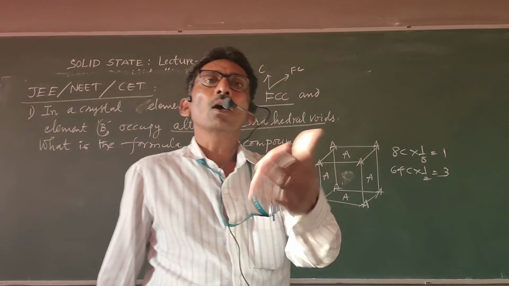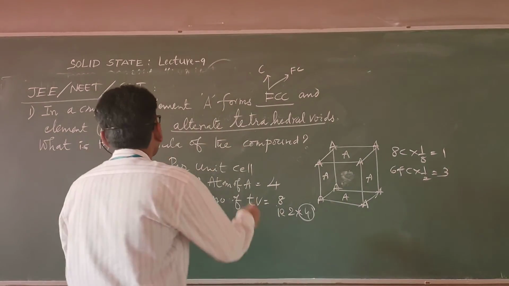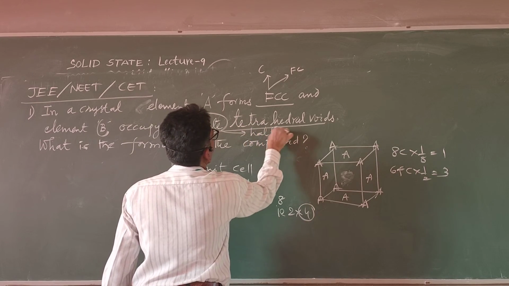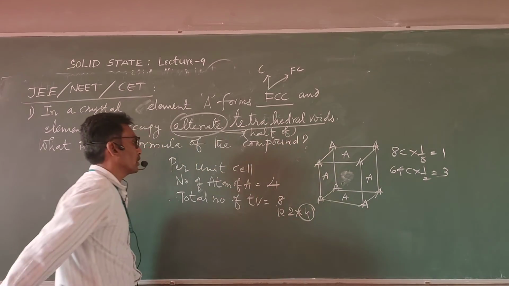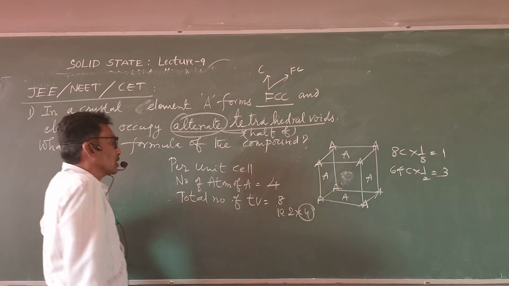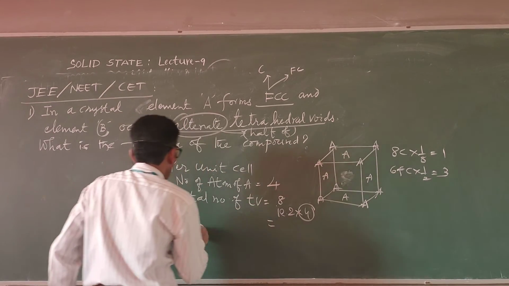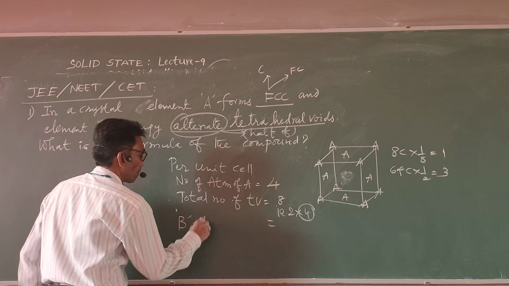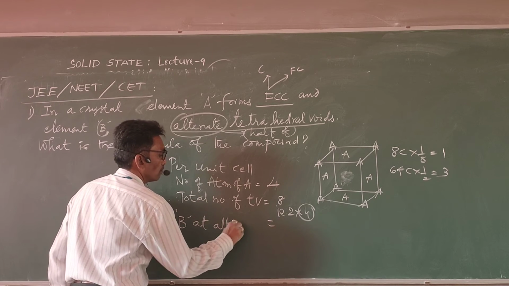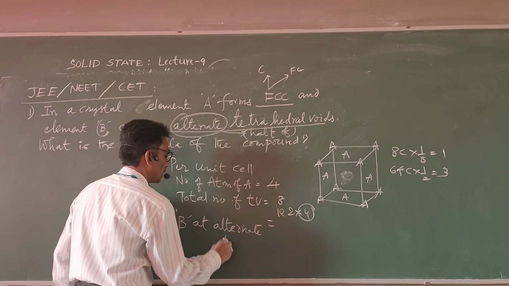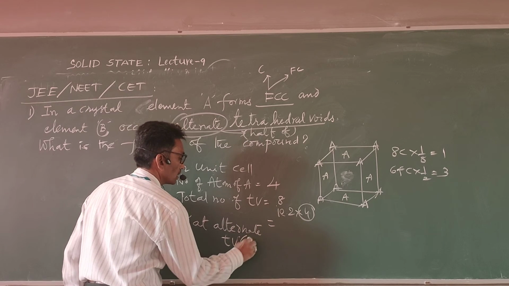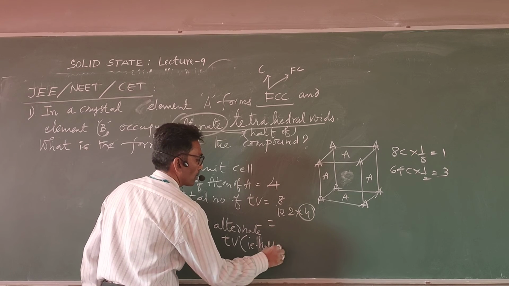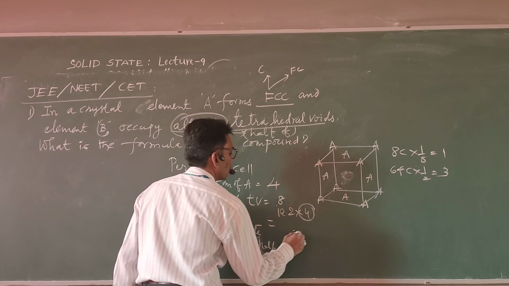Alternate means half of the tetrahedral voids, that is very important. So only 4 participate. Therefore, B occupies alternate tetrahedral voids, that is half of the available ones, so 4.